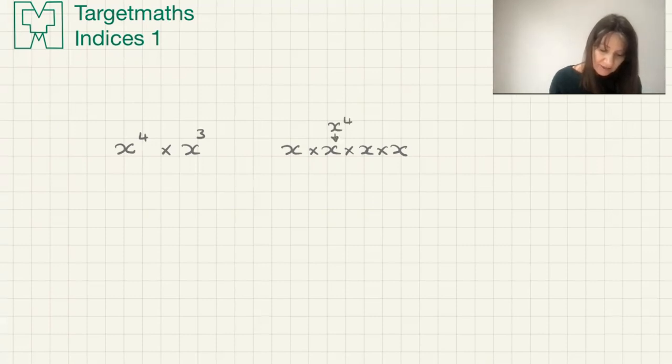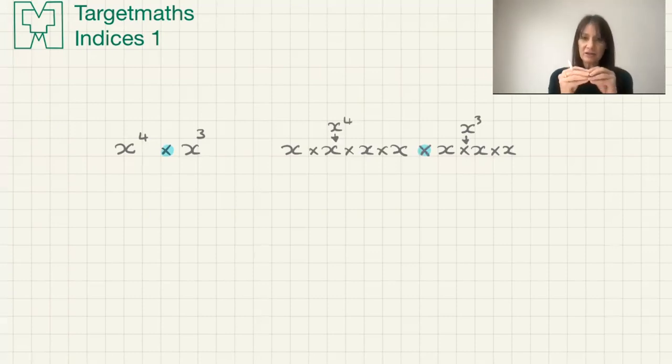And then my x to the 3 is going to be x multiplied by itself 3 times. So that's my x to the 3 right there. Now I am being told to multiply my x to the 4 and my x to the 3. So I need to put another multiplication sign here. And when I do that, I can create a full string of x's where there are 7 being multiplied by themselves.